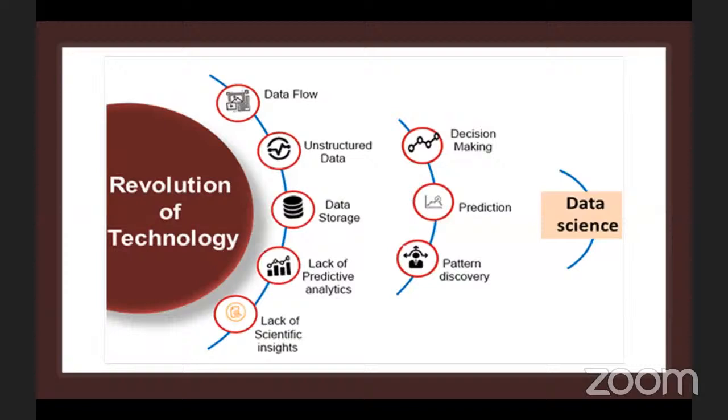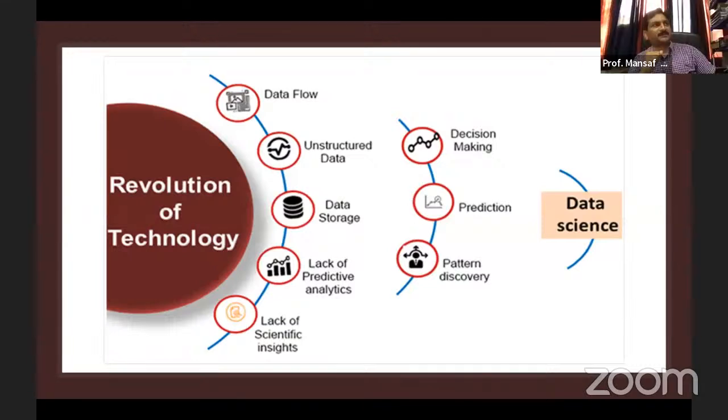Now see, all these are preliminary things, all existing concepts, and we will use them in the field of data science. And how can you do the work in the field of data science? There were a lot of revolutions in technology, a lot of technology introduced in the real world.